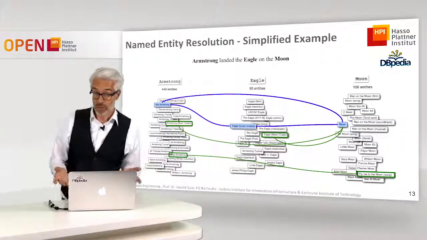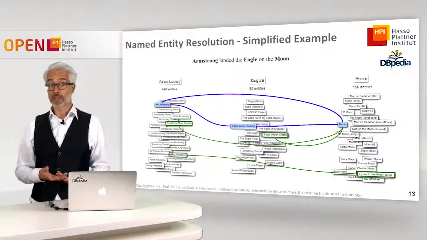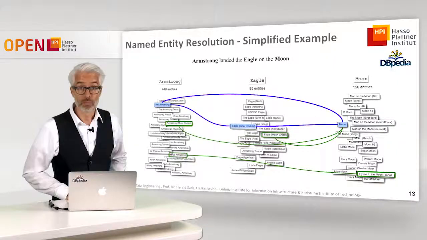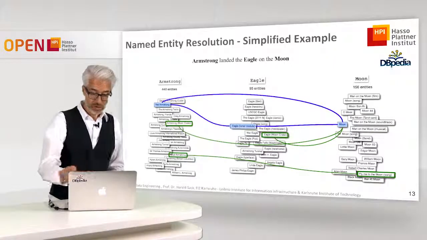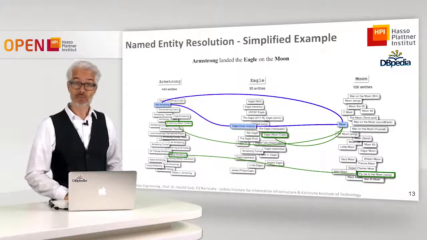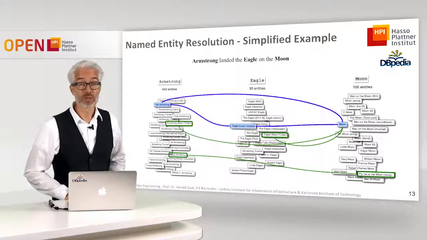Now, what you can do here is a simple graph algorithm, look for strongly connected components, and if you find a strongly connected component among your candidates that we have listed here, then it's rather likely that this might be a probable solution to your disambiguation problem.